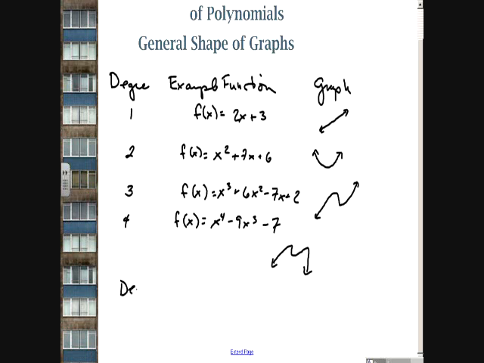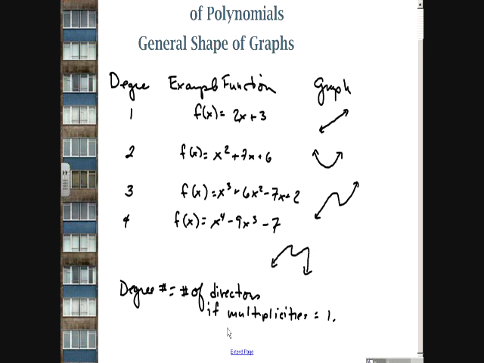The degree number in general equals the number of directions, if all the multiplicities equal 1. So like right here, 4th degree, we're going up 1 direction, 2 directions, 3 directions, 4.